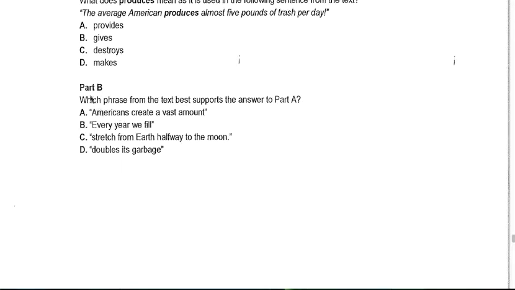Part B. Which phrase from the text best supports the answer to Part A? Americans create a vast amount. Every year we fill. Stretch from Earth halfway to the moon. Doubles its garbage.